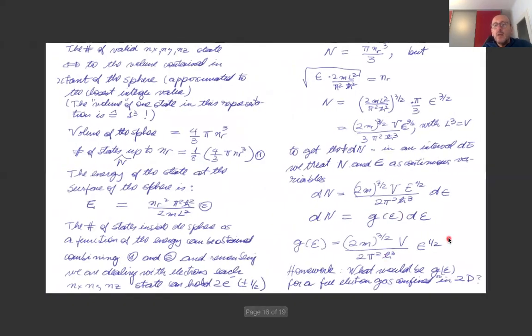Now, I want to calculate the total number of electrons. To calculate the total number of electrons, I have to multiply the density of states by the probability that one of these states is occupied. Okay, and because I want to do this as a function of temperature: if temperature is 0, we know what the solution is.